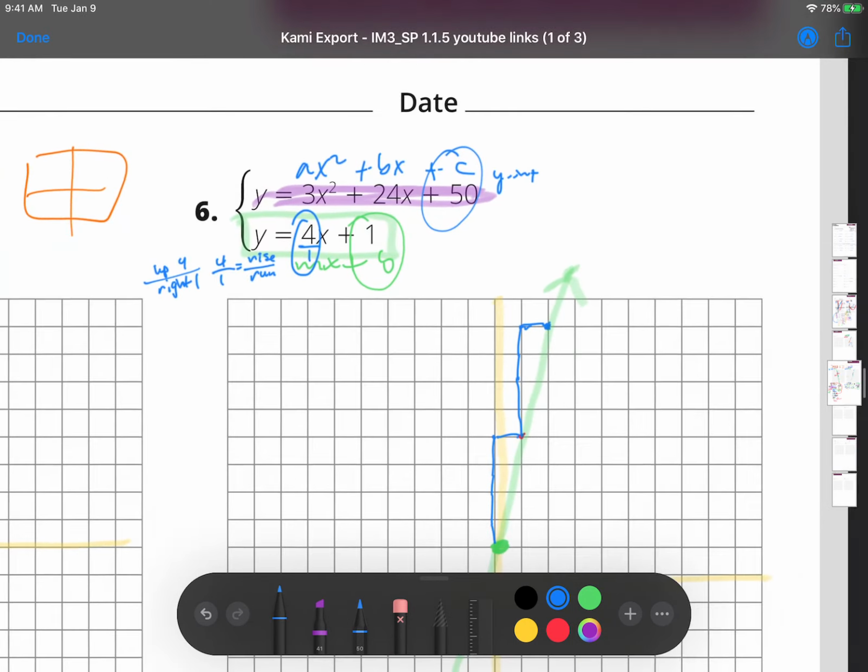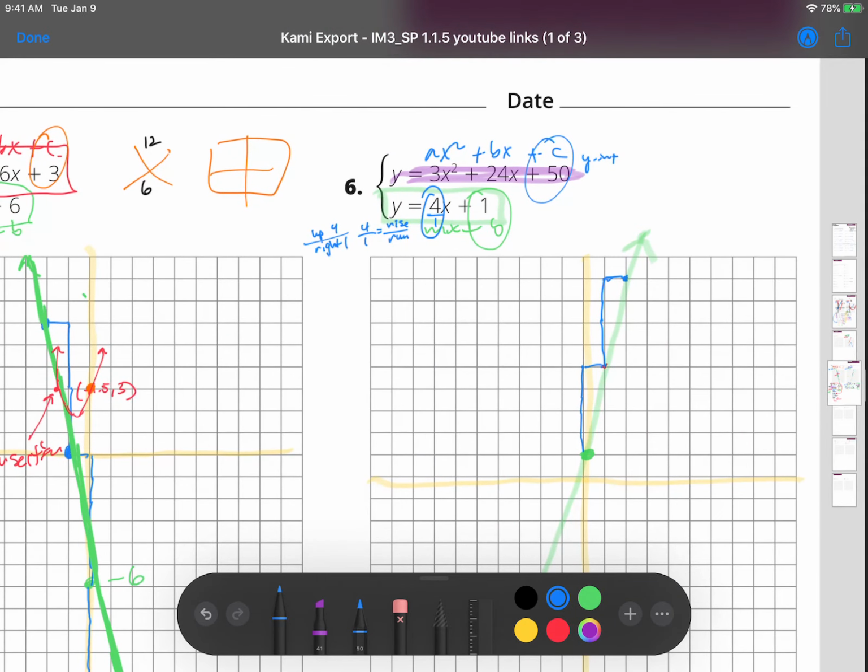Y-intercept of 50, my graph only goes to about 10, so it's way off the page, way higher than the page, and then it goes up because it's an A value, so it's graphed upward. So how do I reconcile this graph? I'm just drawing this graph, a lighter purple, something like this.